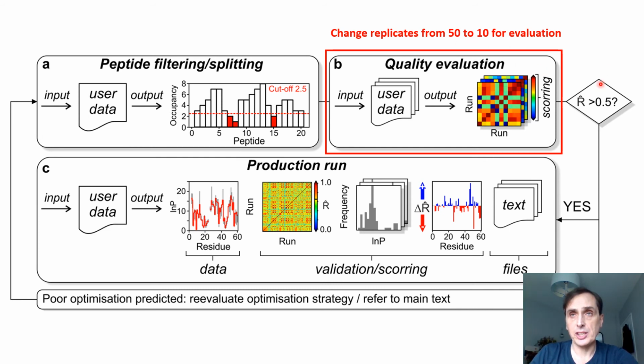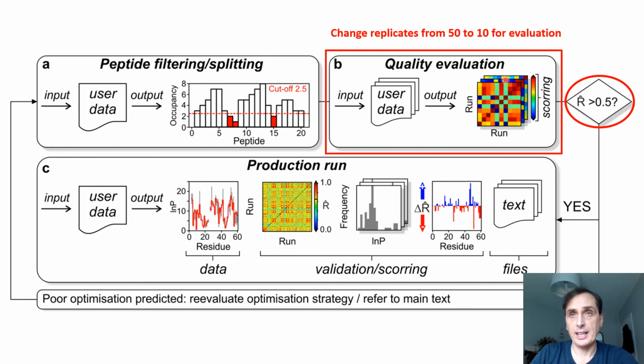Following the evaluation stage, the R matrix should be inspected, and only those data that achieve an R matrix score above 0.5 should be submitted for a production run. Ideally, the R matrix should really be above 0.7.